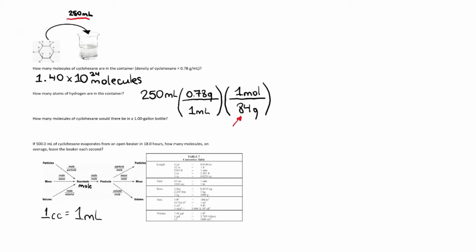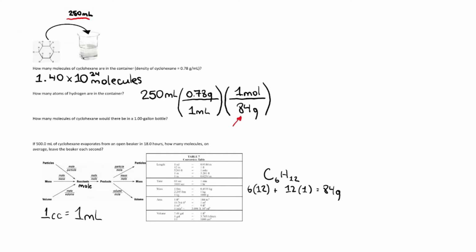That can be calculated. If you look at the formula for cyclohexane, you have the AMU for carbon, 12, and then the AMU for hydrogen is 1. And what I did is I took 6 times 12 plus 12 times 1, and that equals 84 grams per mole.